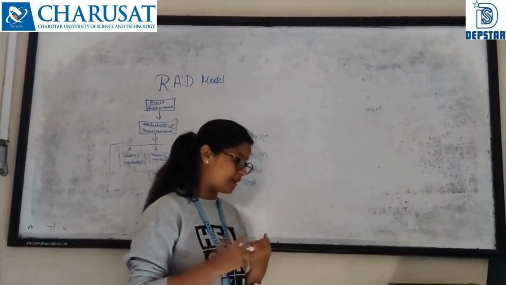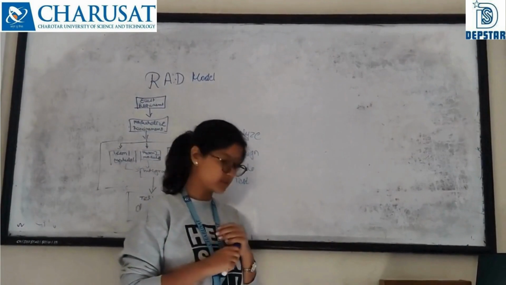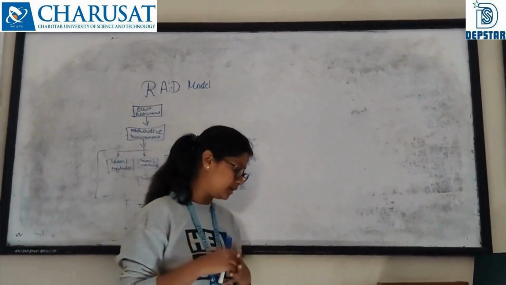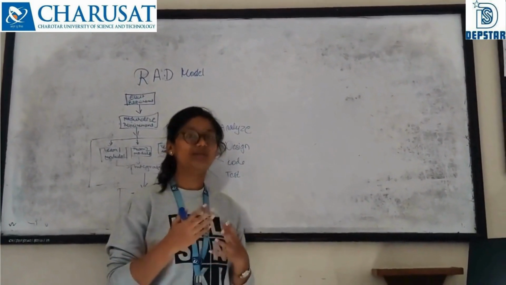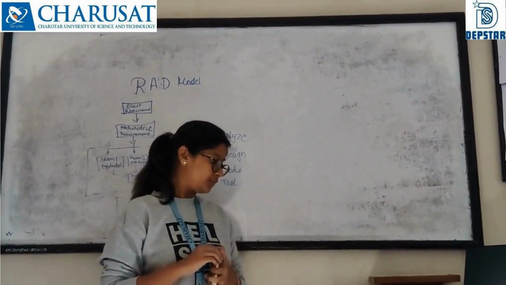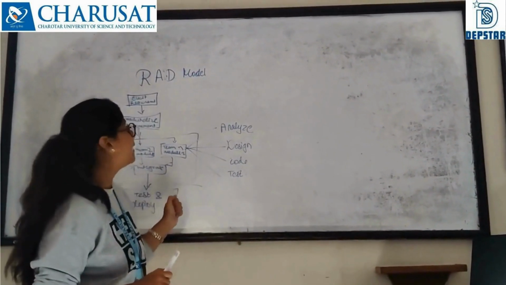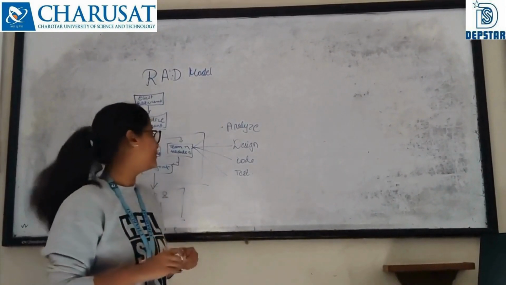Now the applications of this model will be prototyping projects, small to medium size projects, as I discussed earlier, and this model can also be used in web and mobile applications. Also, the main feature of this RAD model is the use of automated and powerful tools.